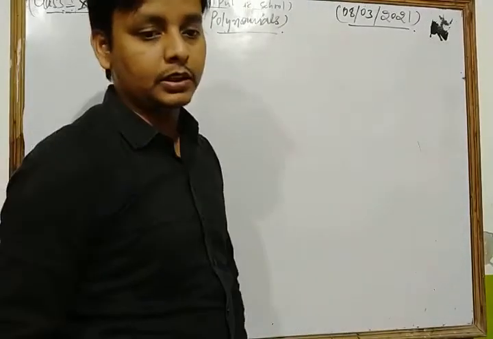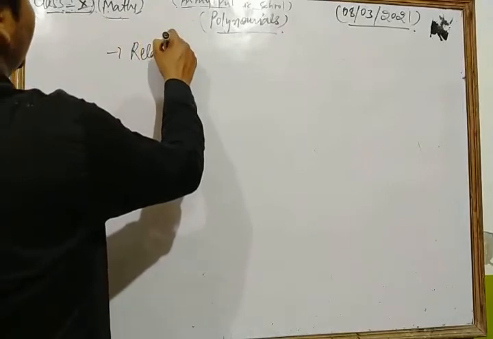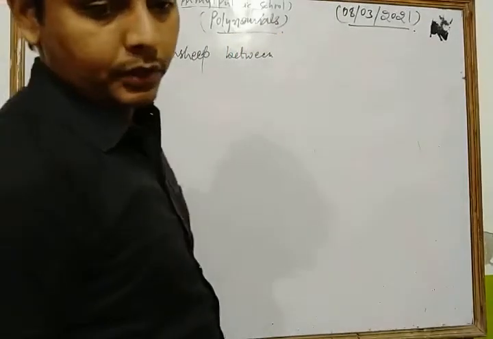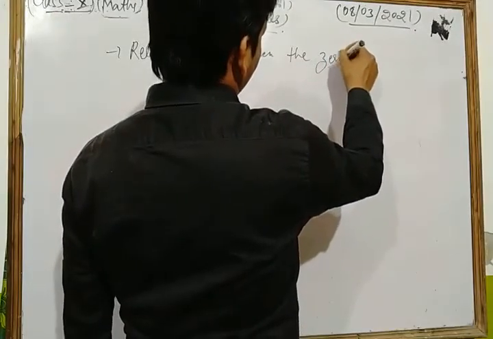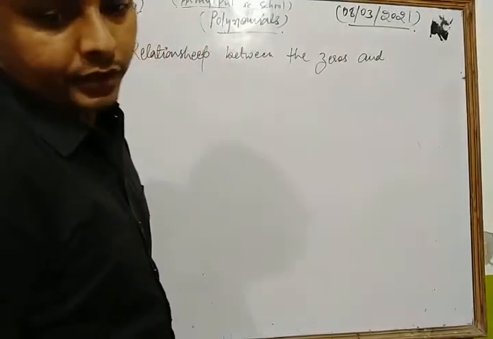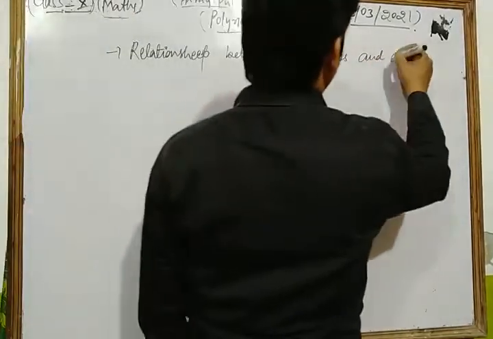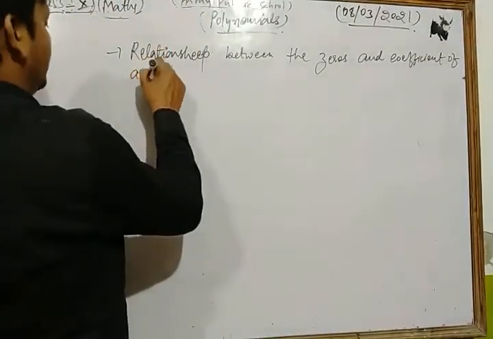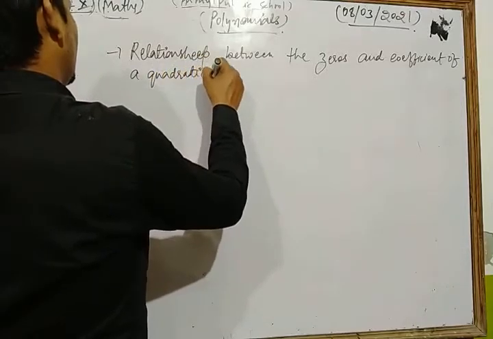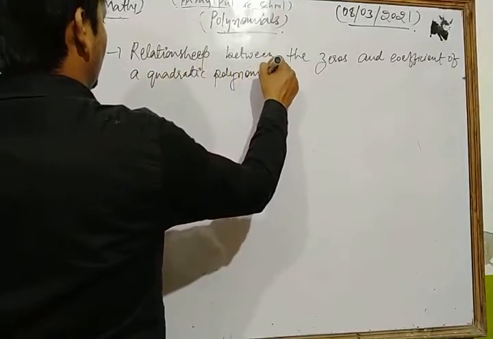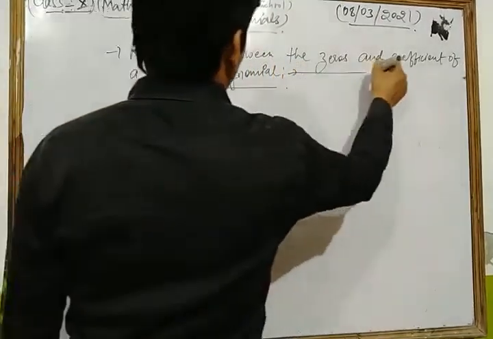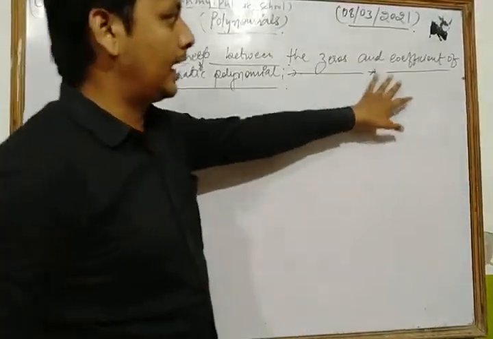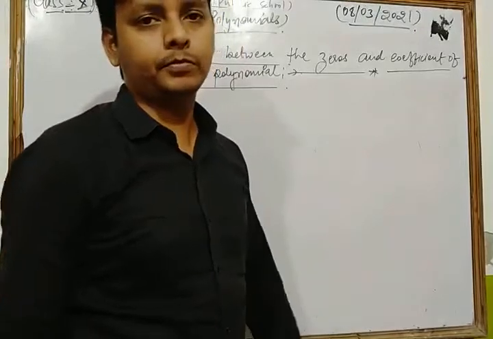Now, we are going to discuss the relationship between the zeros and the coefficients of a quadratic polynomial.